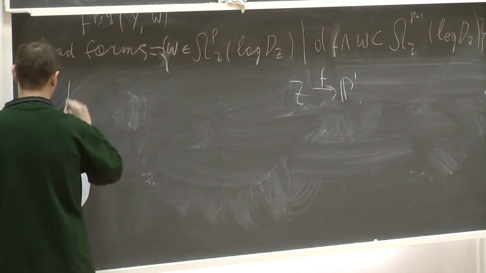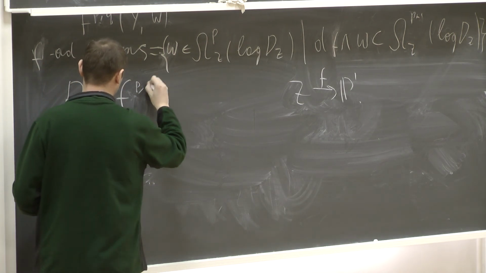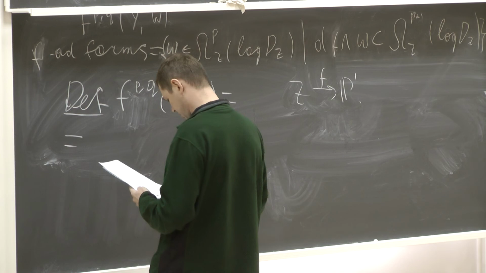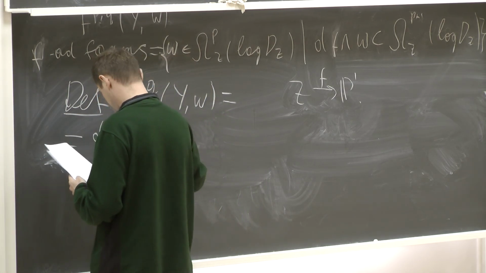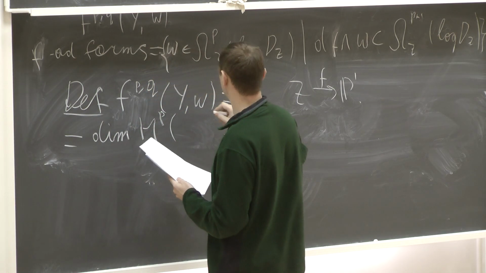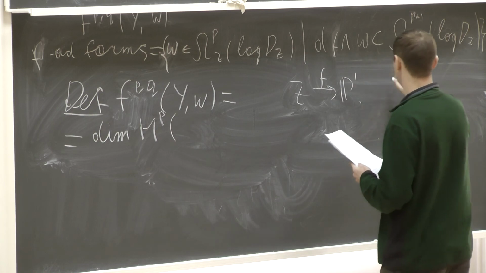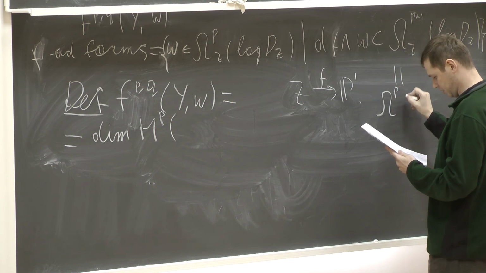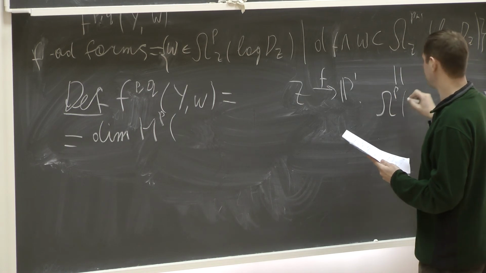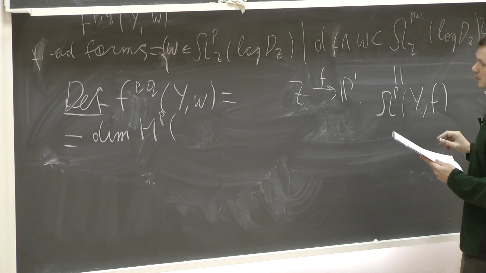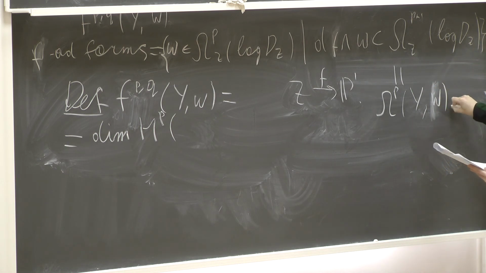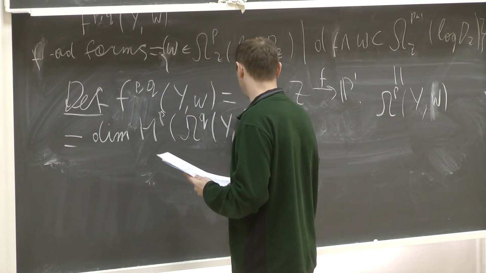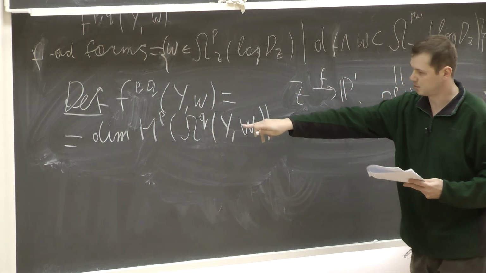And so by definition, the f^{p,q} numbers of (Y, w) are the dimensions of the cohomology: the dimension of H^p of Omega^q_f of (Y, w). So these are dimensions of cohomologies of these sheaves.